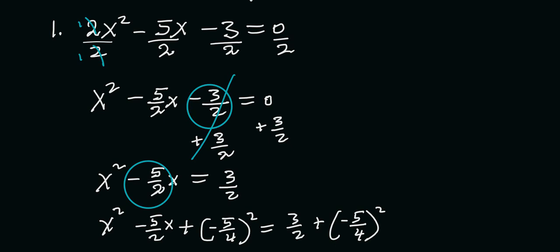So now let's focus on the left side, since we have x squared and negative 5 over 4 squared there. We can isolate them.